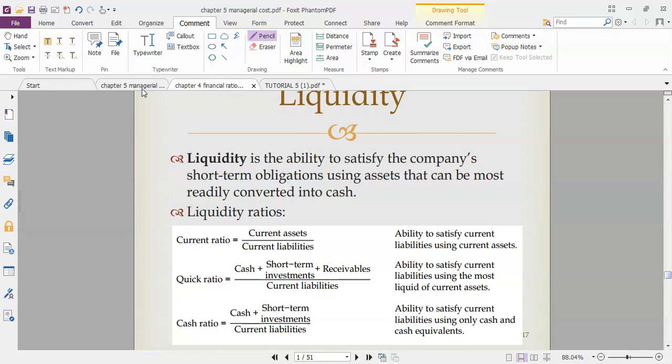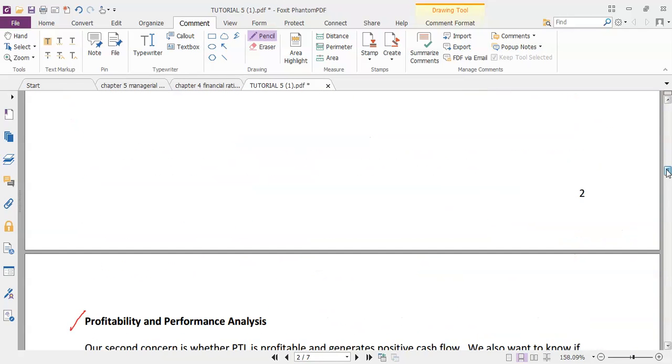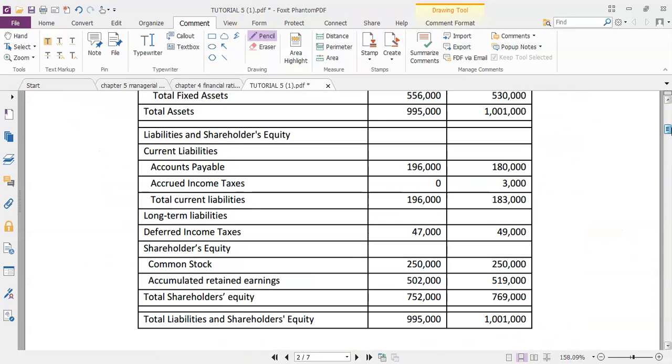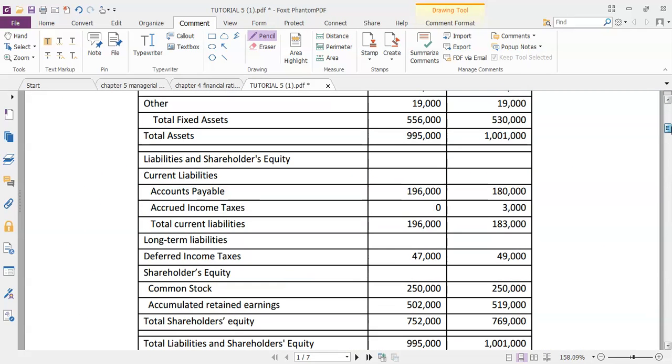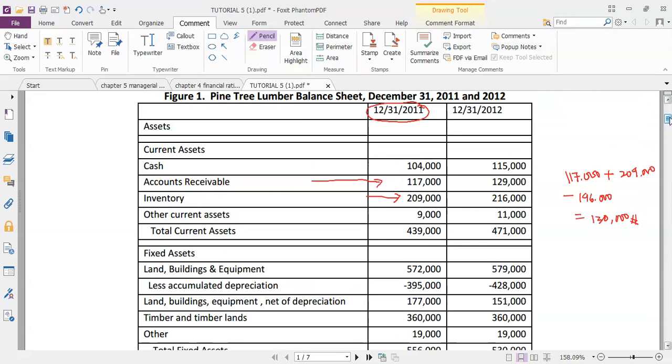So how to calculate current asset? Which one is our current asset? This is the current asset that we have, four: one, cash; two, account receivable; the third one is inventory; and also other current assets. So the total for current asset is 439.